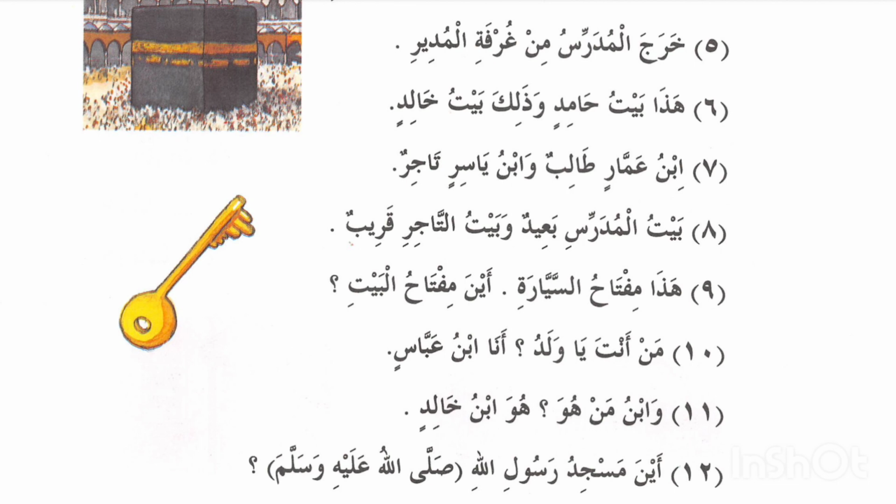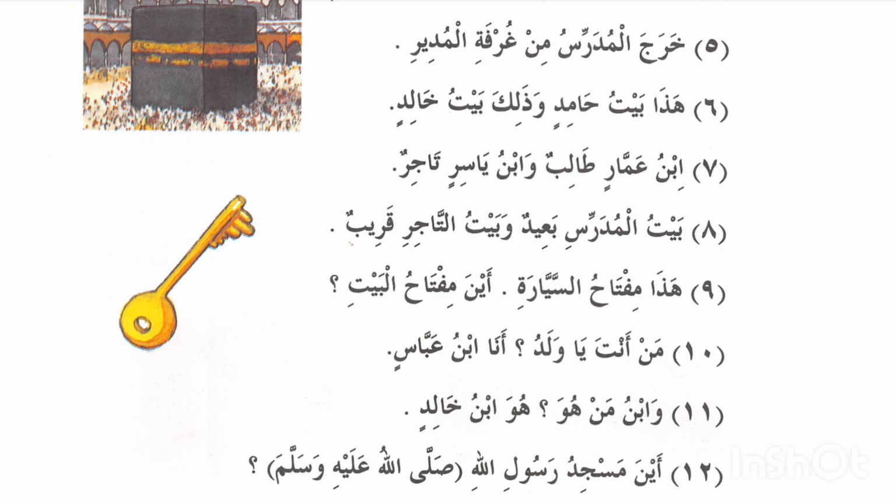And Yasir's son is a merchant. Baytul Mudarrisi Ba'id. The teacher's house is far. Wabaytu Tajiri Qarib. And the merchant's house is near. هذا مفتاح السيارة. This is the car key. أين مفتاح البيت? Where is the house key?